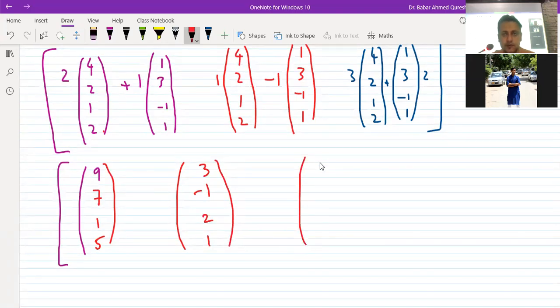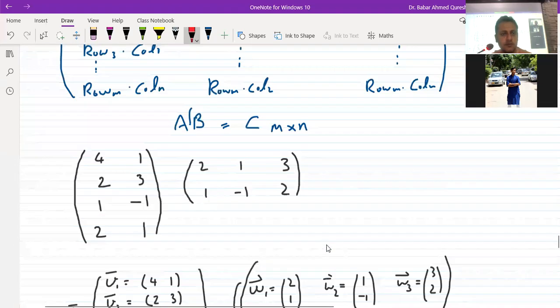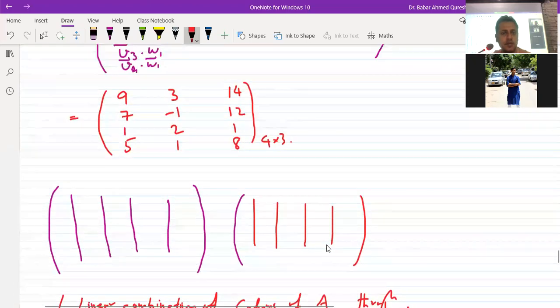And over here, 12 plus 2, 14, 6 plus 6, 12, 3 minus 2, 1, 6 plus 2, 8. So as I said, a matrix is a bunch of columns lying side by side, and that's what you get. In the end, if you want, you can erase these columns. And this is your matrix, and I hope this is the same as over here. Oh yeah, it's the same.